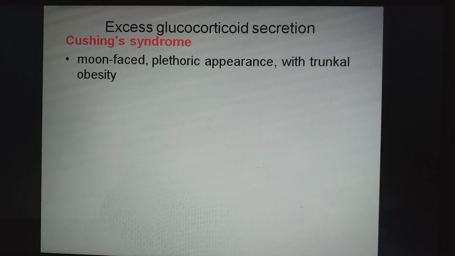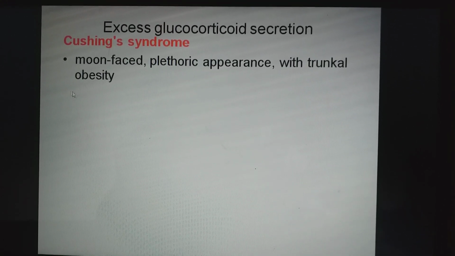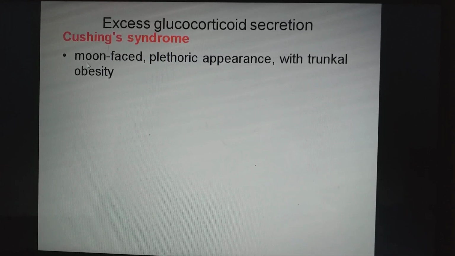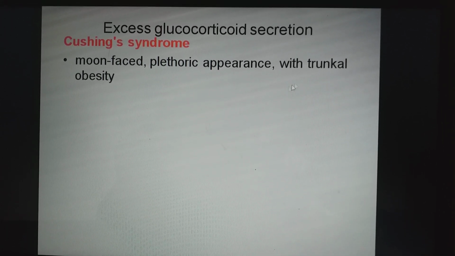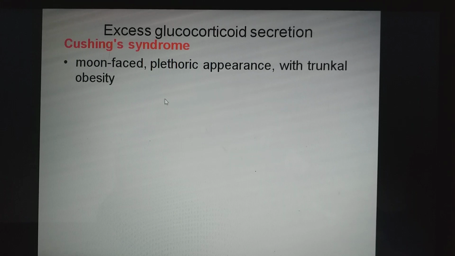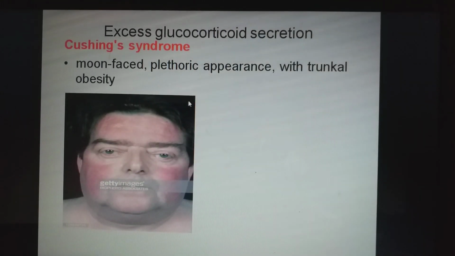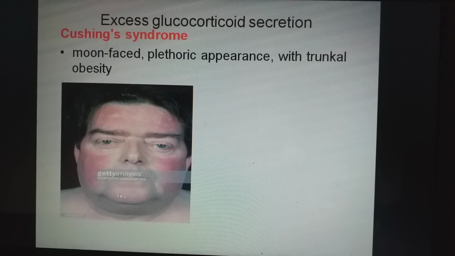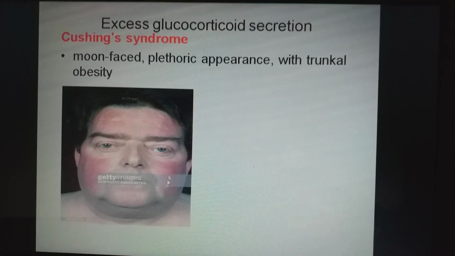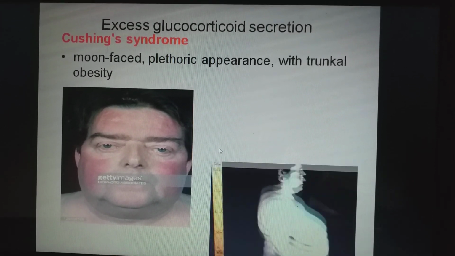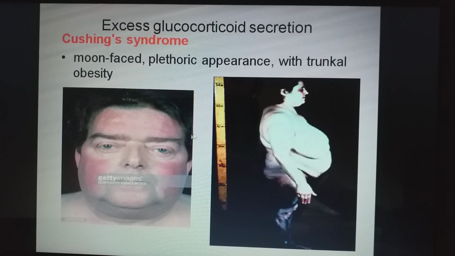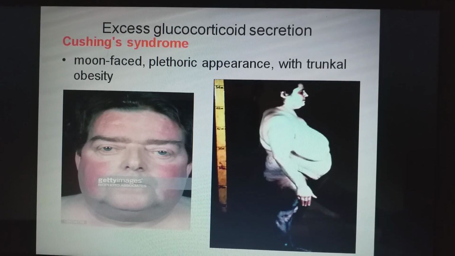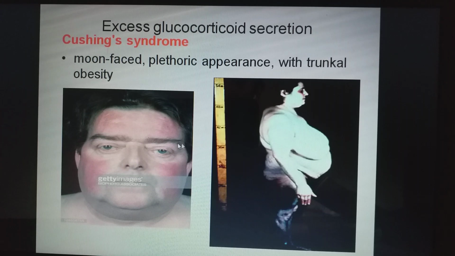So in Cushing syndrome, the patient can develop fat redistribution symptoms, for example, moon face and truncal obesity. This is due to the deposition of excess fat. The fat is mobilized from the peripheral tissues and then gets deposited in the truncal area, the tummy, the central abdomen and the face.